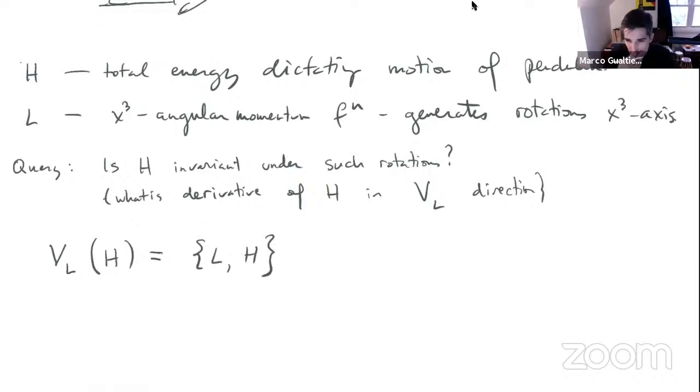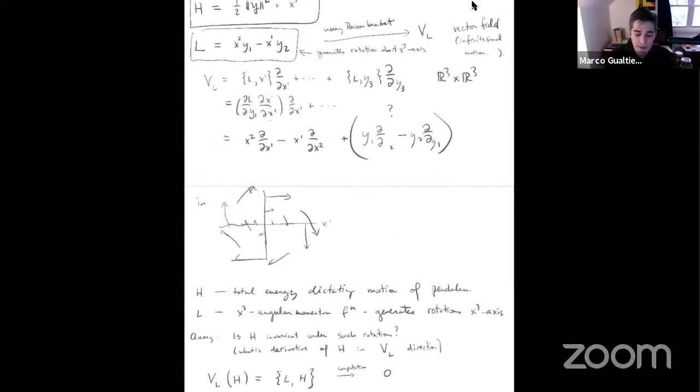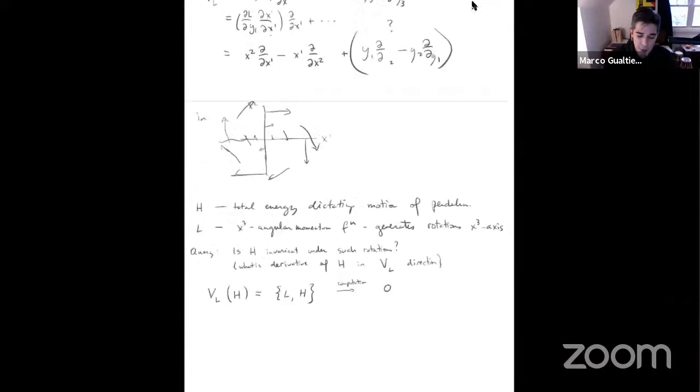So if we compute this, using the definition of the Poisson bracket, we get 0. That's the reason why I selected this particular function. It's a function that Poisson brackets to 0 with H.